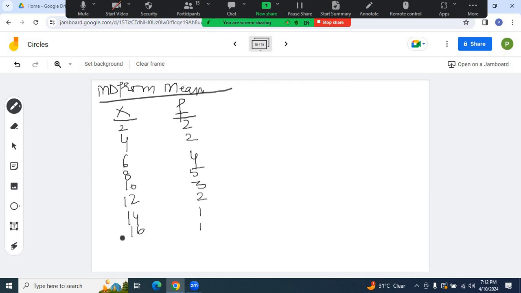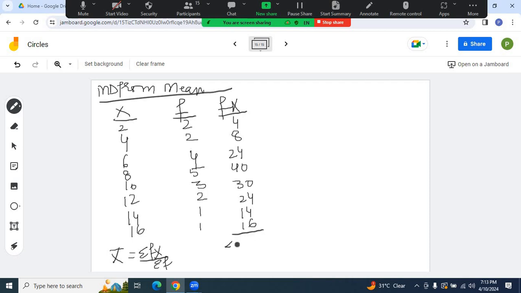Now I hope you all remember how to calculate mean. Mean formula is summation fx upon summation f. Now fx we require: 2 2s are 4, 4 2s are 8, 6 4s are 24, 8 5s are 40, 10 3s are 30, 12 2s are 24, 14 1s are 14, 16 1s are 16.